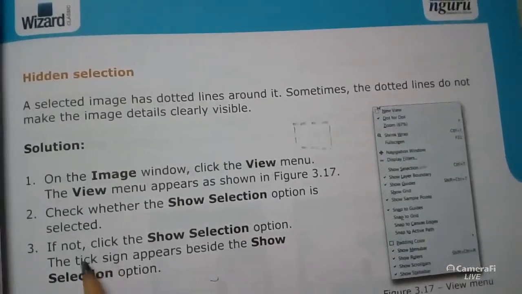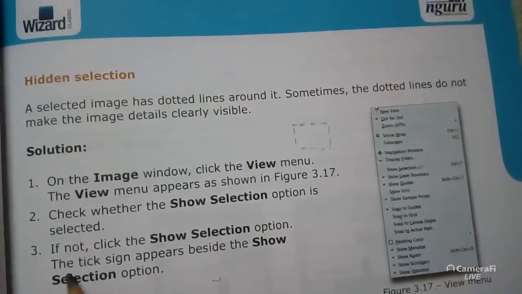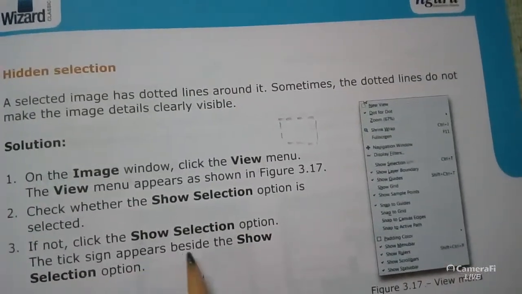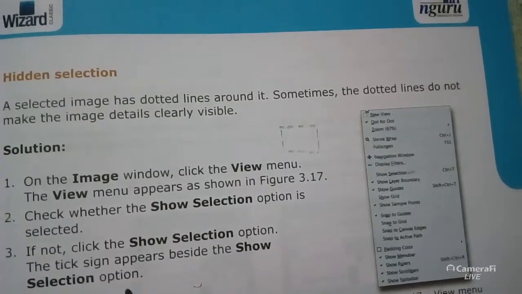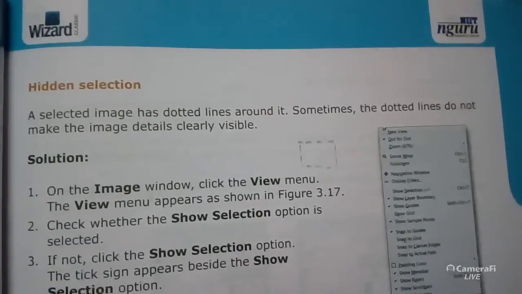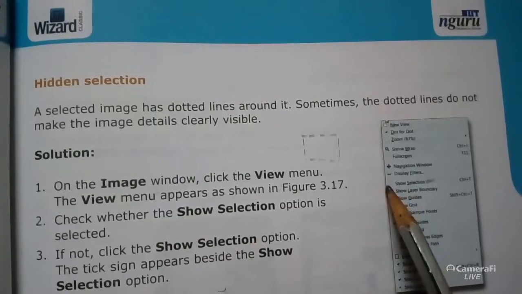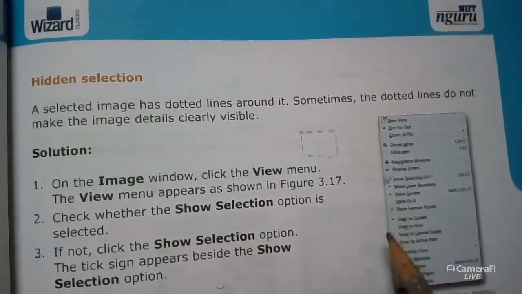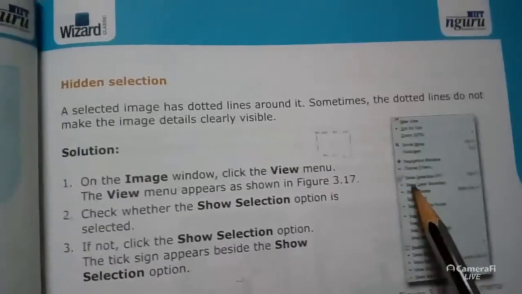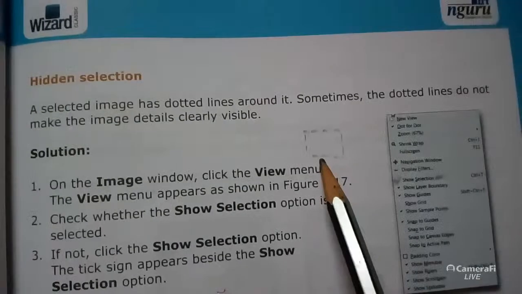If not, click the Show Selection option and a tick sign appears beside it. When you select it, here one arrow, this tick mark will appear. That means it is activated, and then you can see the selection.